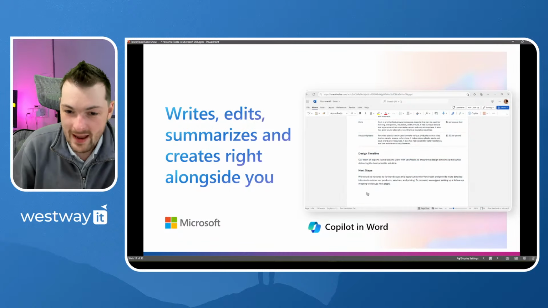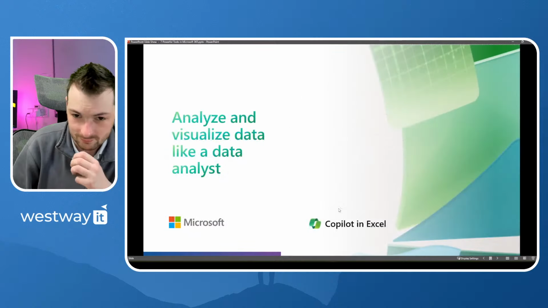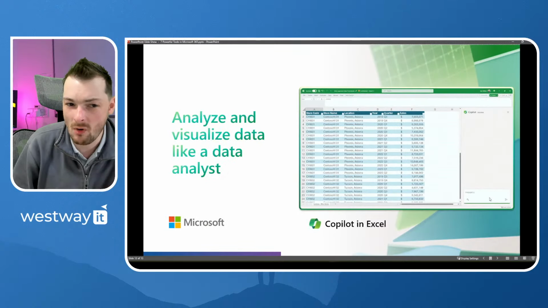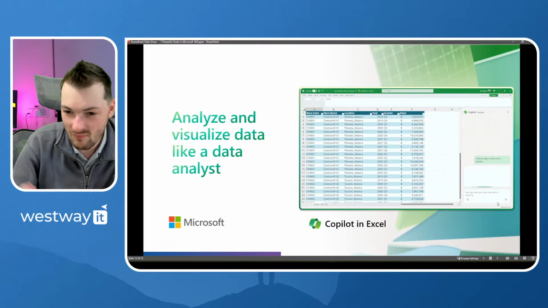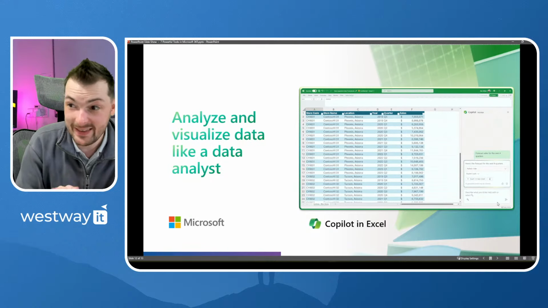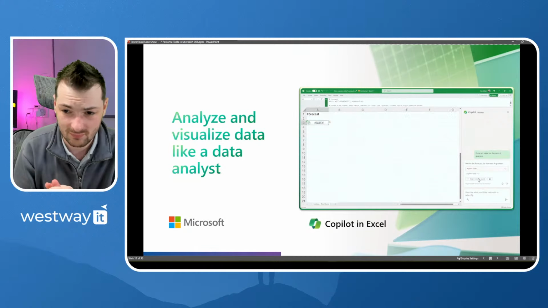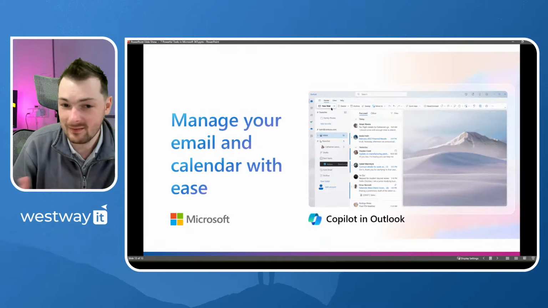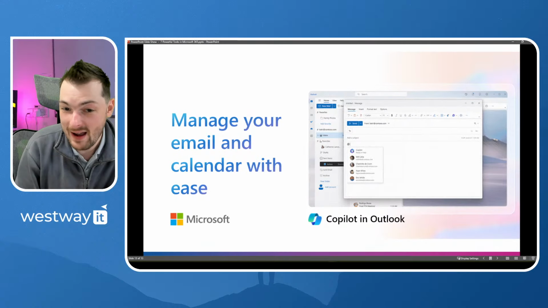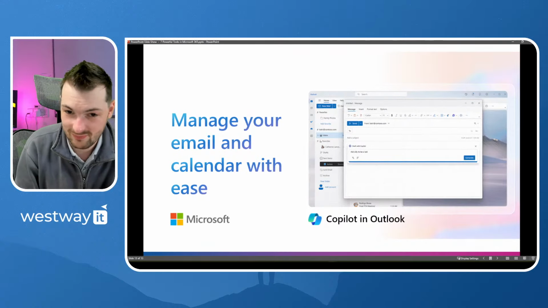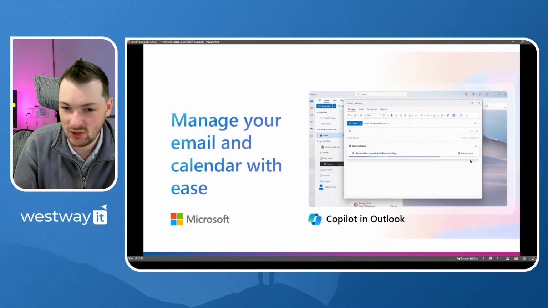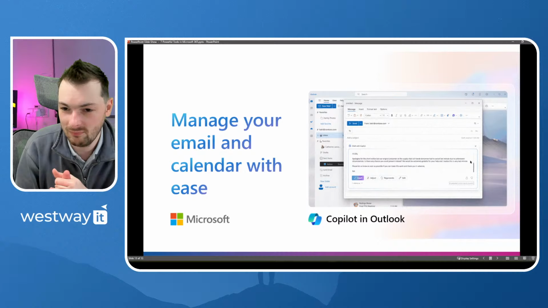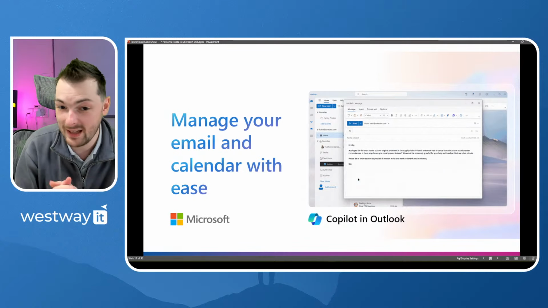So that's an example of it in Word. Here's an example of it in Excel, where you're basically telling it, create this. And they've got an example for Outlook too. And that's just gone and set up an email for you to accept and send.